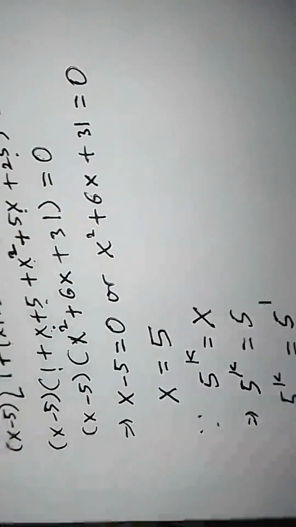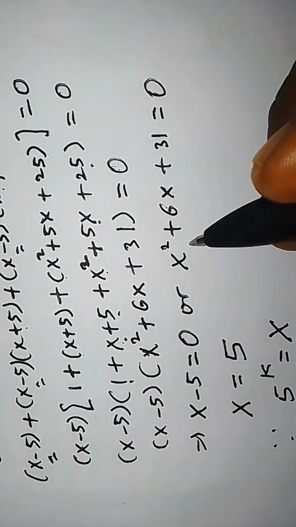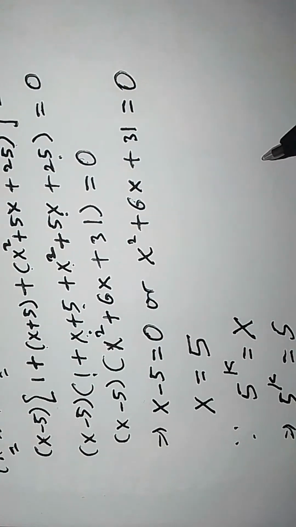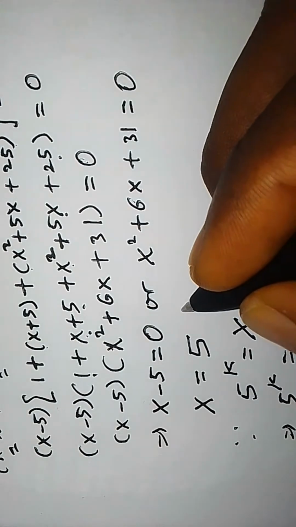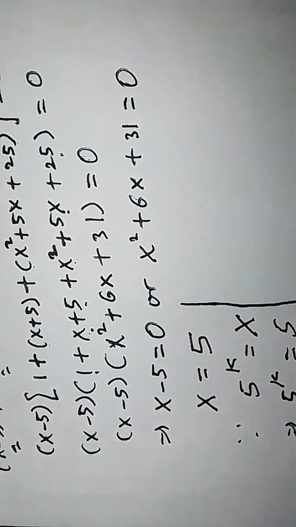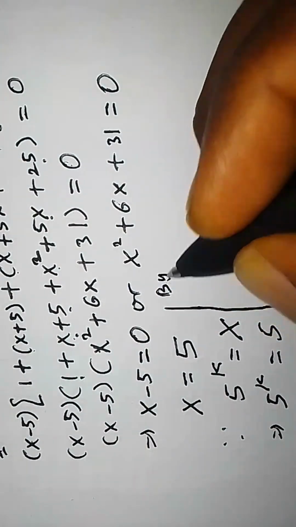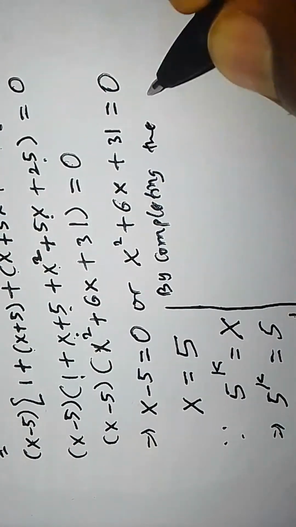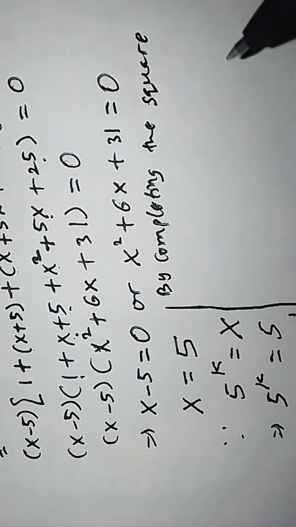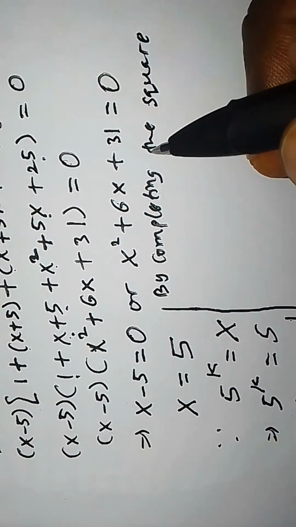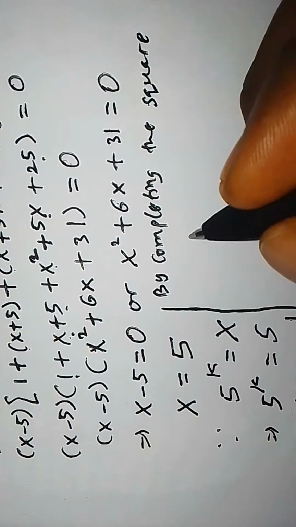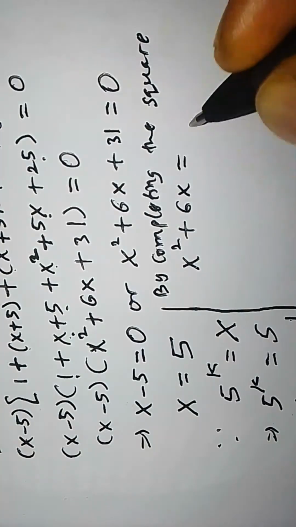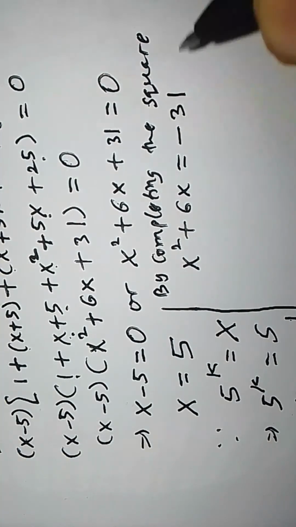Now, let us consider this quadratic equation. Let's solve it using the completing the square method. By the completing the square method, the first step is that we transfer the constant to the right hand side. x squared plus 6x equal to minus 31.